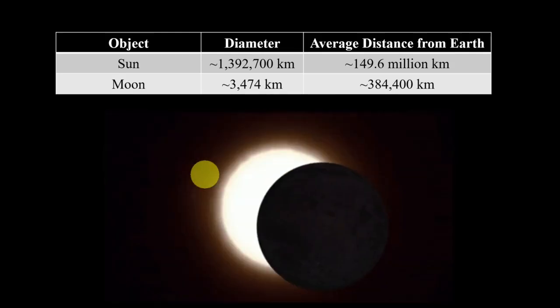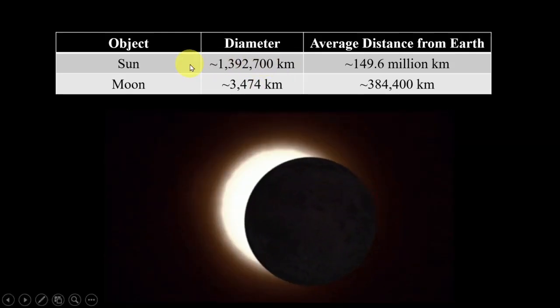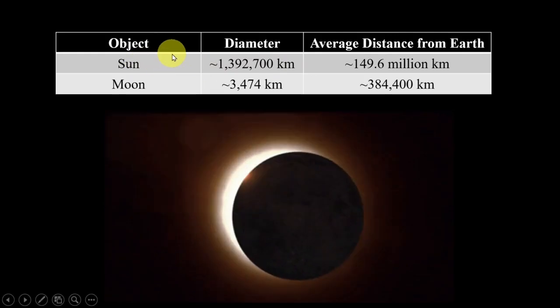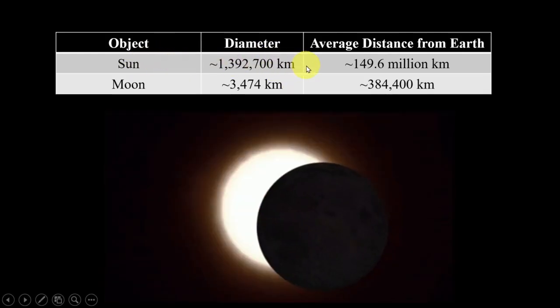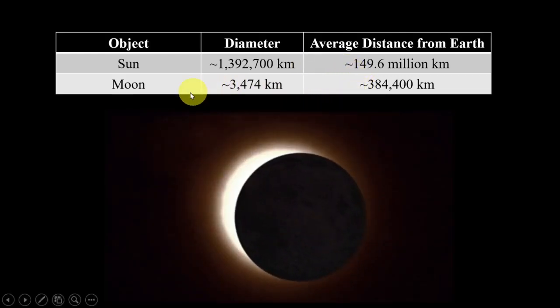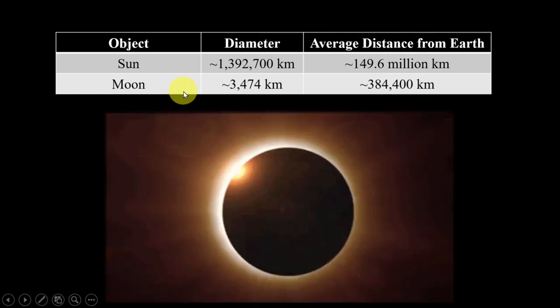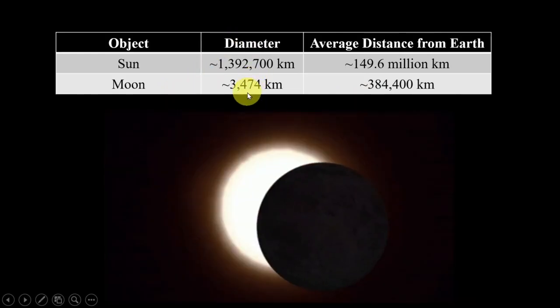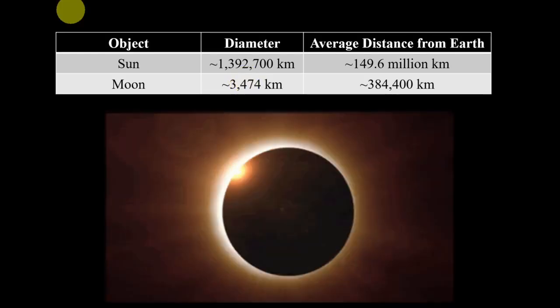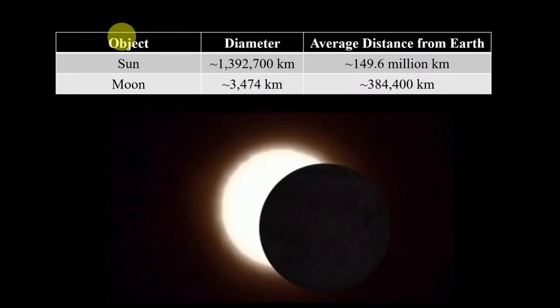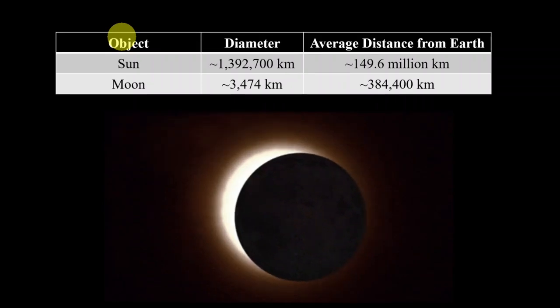To answer that question, we need to look into the data. The diameter of the sun is 1,392,700 kilometers, and that of the moon is about 3,474 kilometers. If you divide the diameter of the sun by the diameter of the moon, you discover that it is just 400 times larger.